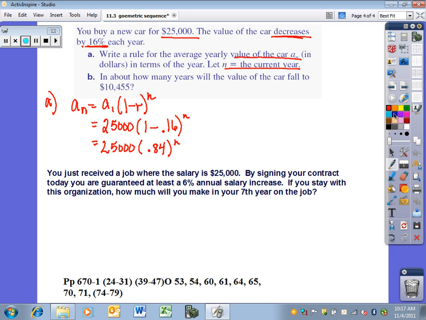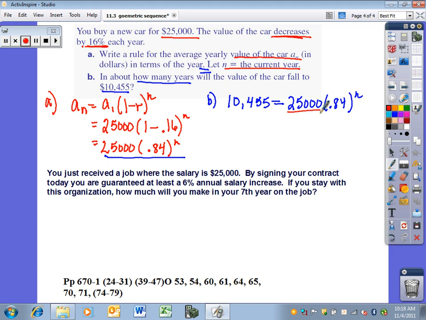Now part B says, how many years until the value will be $10,455? How many years? That's n. So that's what I don't know. But I know my value is 10,455. Should equal my equation, 25,000 times 0.84 raised to the n.